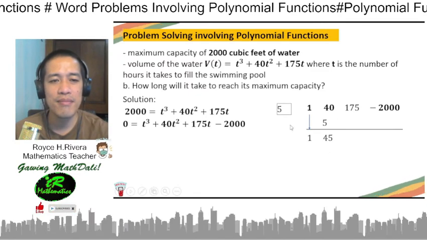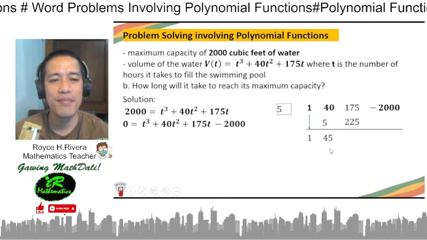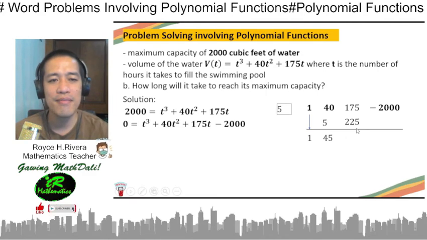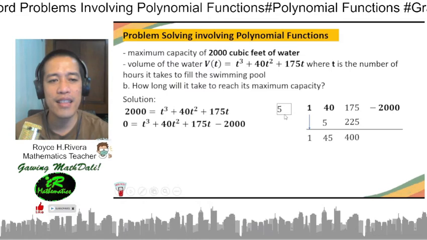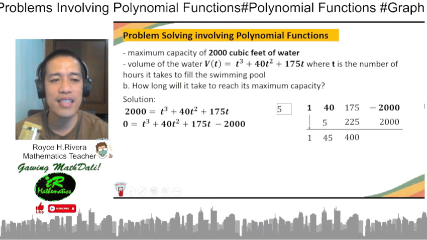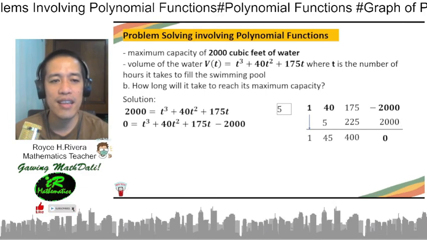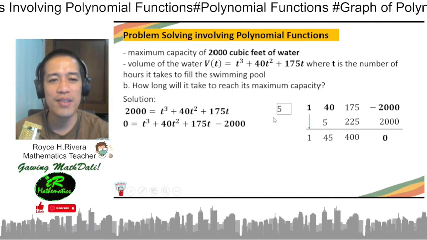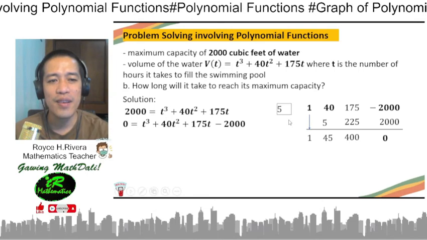Multiply the sum by the divisor 5, that is 225. Place it under the third coefficient, then get the sum, 400. Multiply it again by the divisor 5, and place it under the last coefficient. Then get the sum. So we will obtain a sum of 0, meaning 5 is one of the rational roots of the resulting polynomial equation.